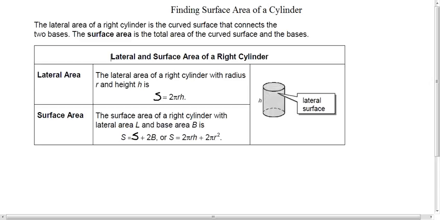So this is what we're doing when we're looking at our area. What I wanted to do was put an actual problem in here for you. Let's see, can I find one? Let's find a good one.